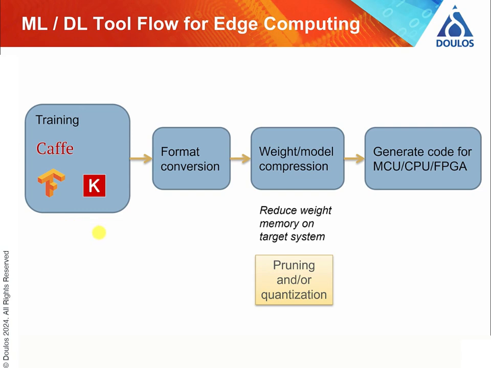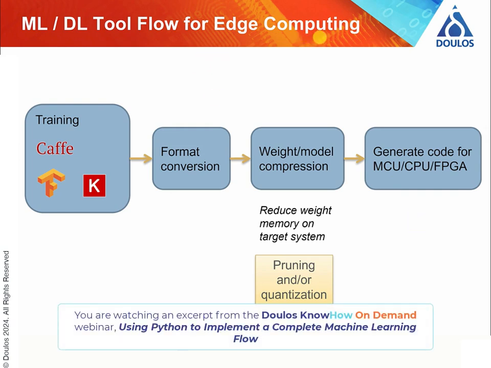So the important point is the back-end flow is always the same and it's always different. It's always the same in the sense that in the context of edge computing or embedded systems, there's 4 steps we're always going to have to follow. But these 4 steps are different for every vendor. So the first thing we're going to have to do is to take our fully trained model out of our training framework and do some kind of format conversion.